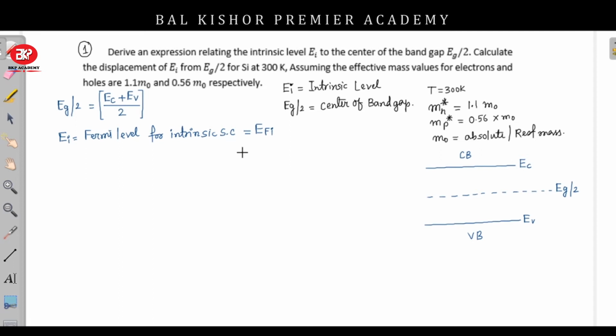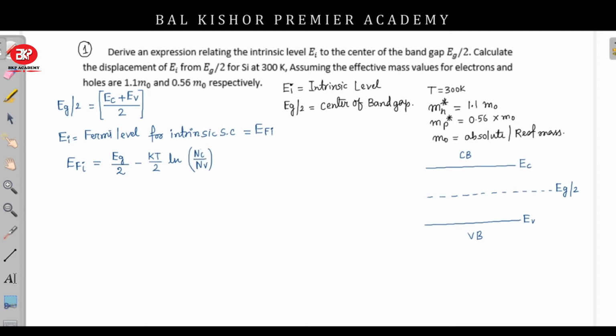That is the Fermi level for the intrinsic semiconductor, and we know that the intrinsic Fermi level, that is EFI, is given by Eg/2 minus KT divided by 2 times ln NC by NV, where NC is the effective density of states.